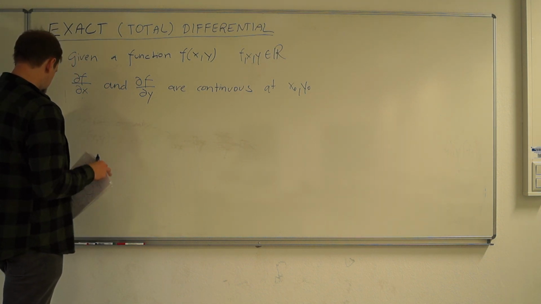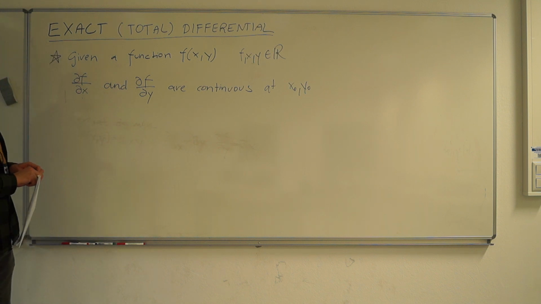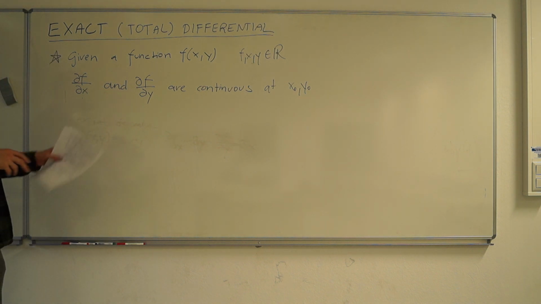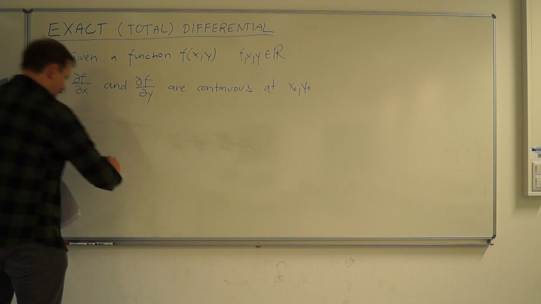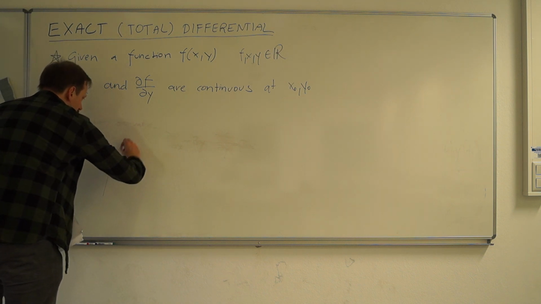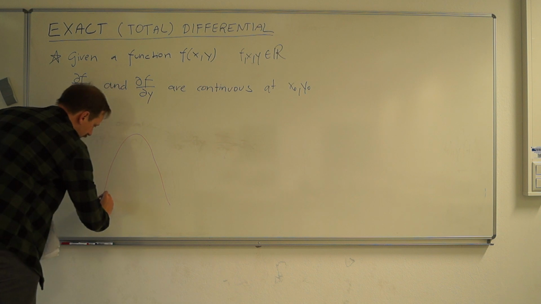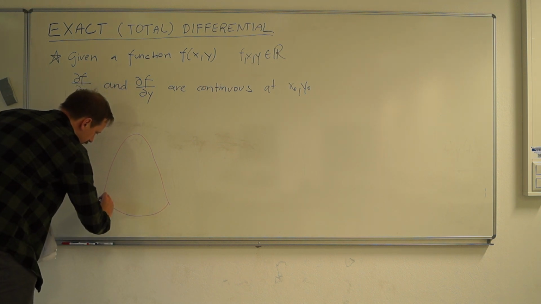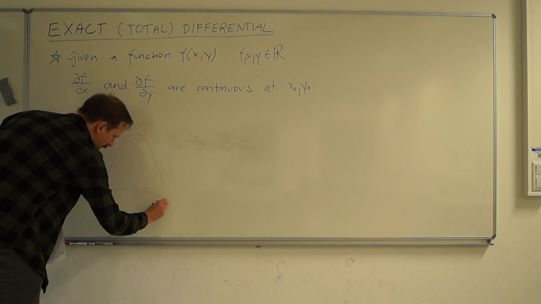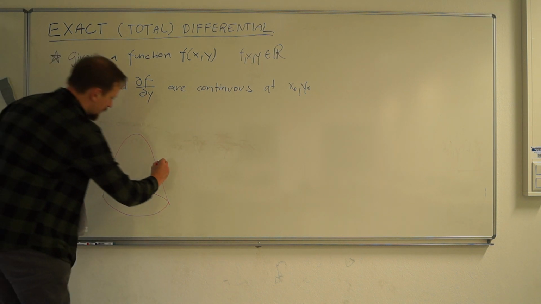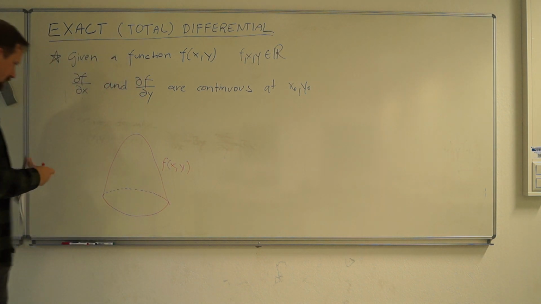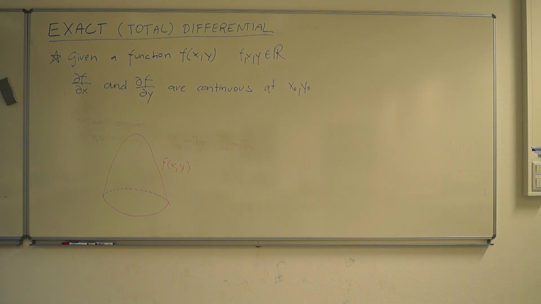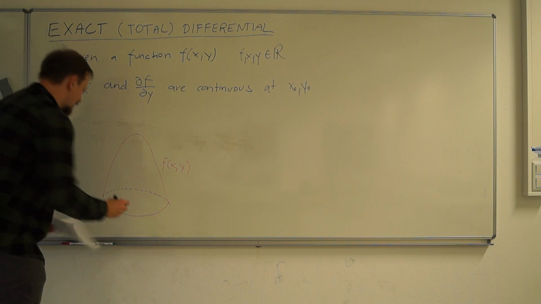Next, for explaining, let's draw some arbitrary function f of x and y. For the purpose of explanation, let's make it look like a hat or a hill. So this would be our function f of x and y. And let's also draw the corresponding axes.